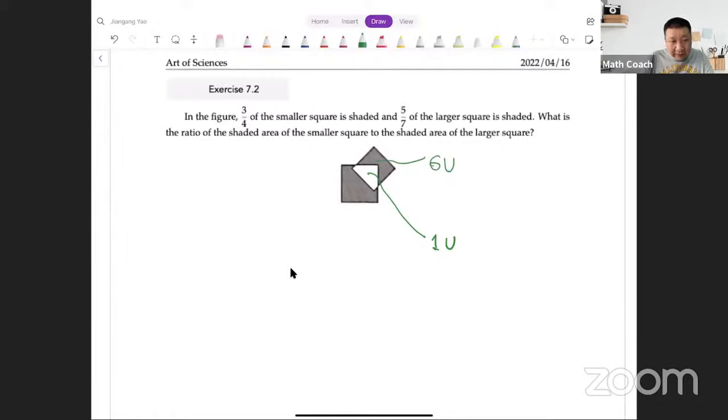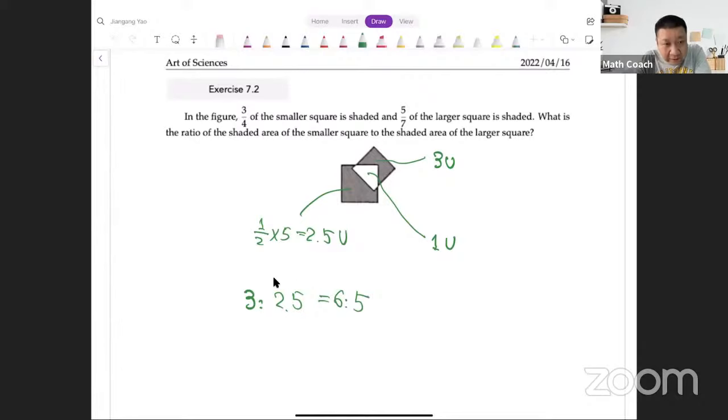The other one has 5 out of 7 shaded, so this would be 2 over 5 of 7. So this would be 1 divided by 2 times 5, which is 2.5. So here it is, sorry, 3, right? So 3. And so the ratio would be 3 versus 2.5, which is 6 versus 5. Okay. Yes, the shaded area of the smaller square is larger than the shaded area of the larger square.